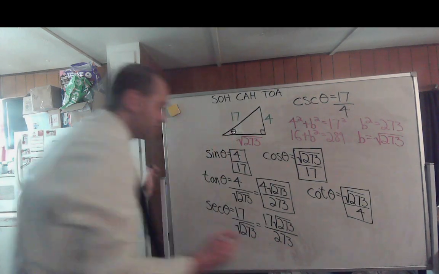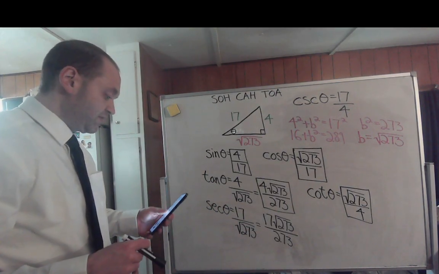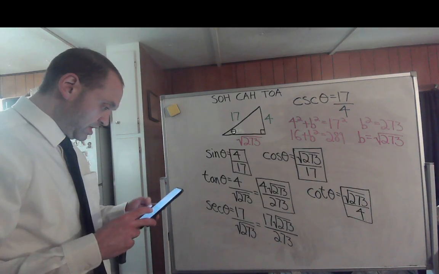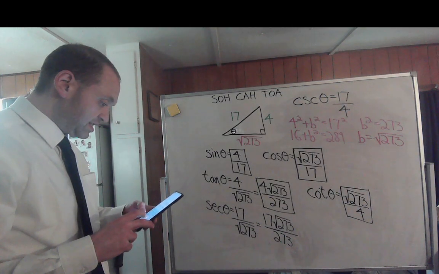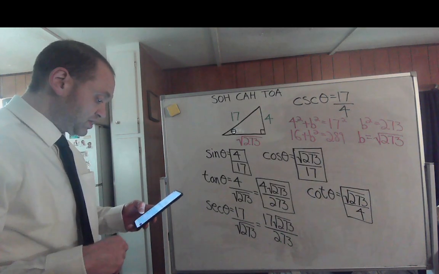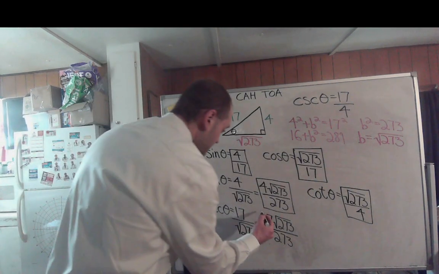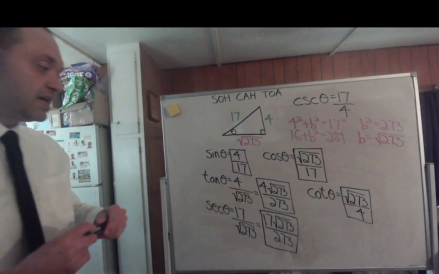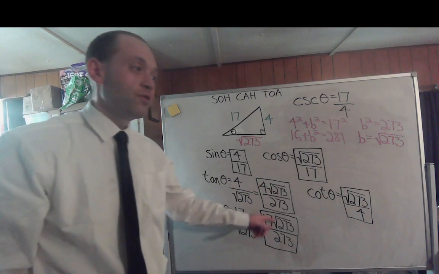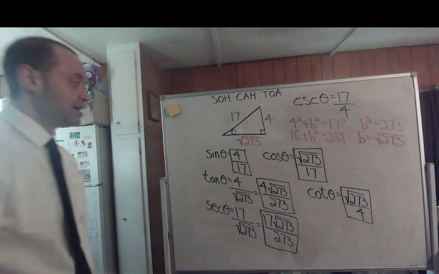But what I have to determine, I don't remember if 273 and 17 factor. So 273 divided by 17, nope, no such luck. So that's your answer. Your secant equals 17 times the square root of 273 all over 273.